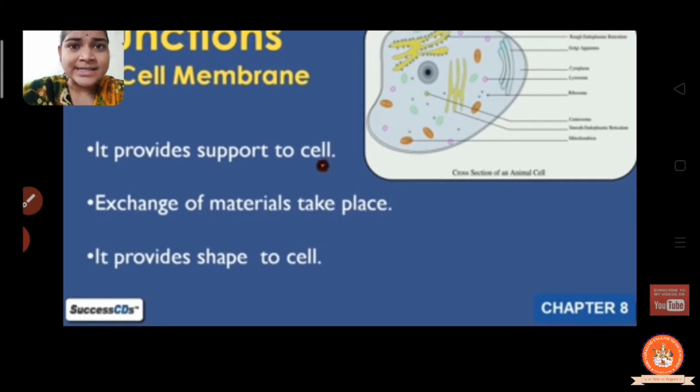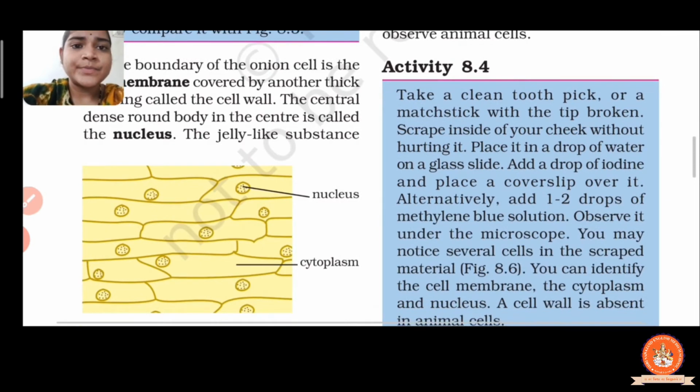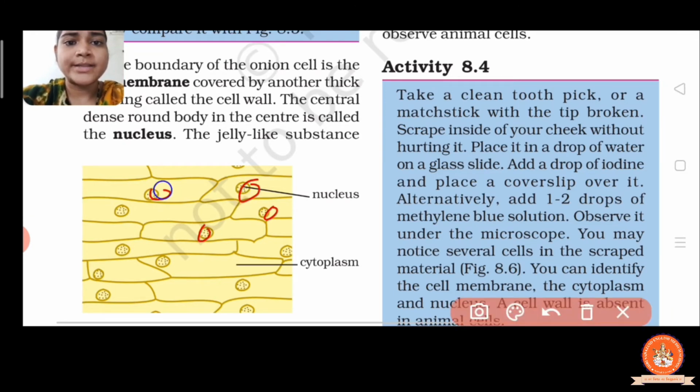Now let us discuss the nucleus. The nucleus is the central dense round body in the center of the cell. You can see in the figure, there are images where a round-shaped nucleus is present.